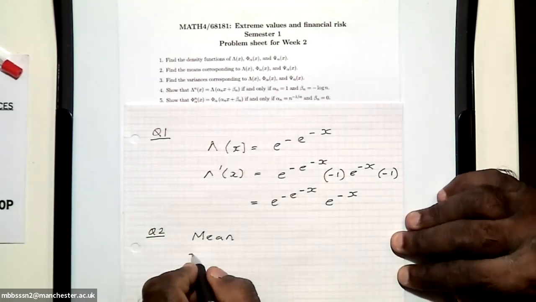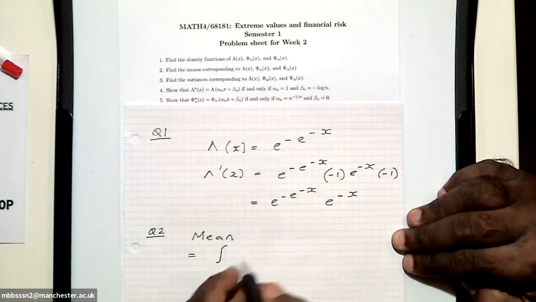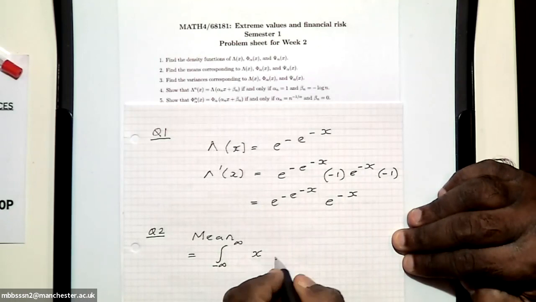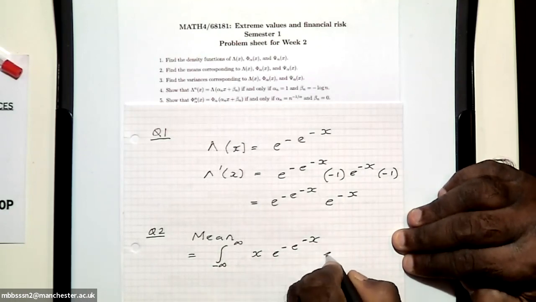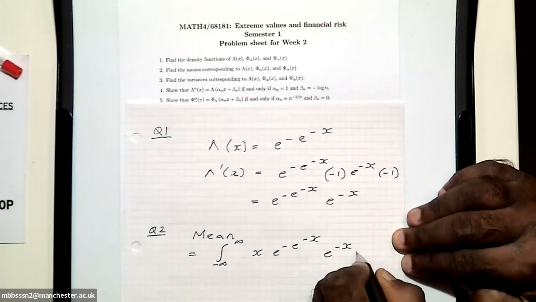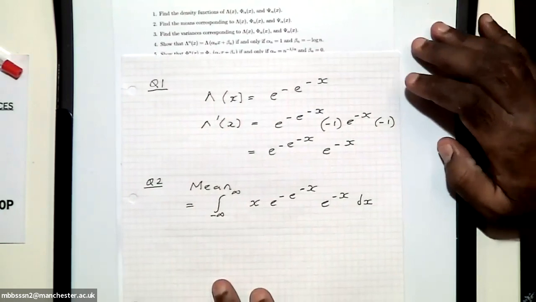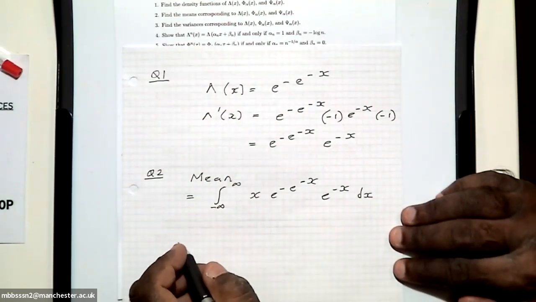Okay, so this is gonna be, because this is defined from minus to plus infinity, x multiplied by this. Okay, now to do this integration, you can do it in different ways, right?